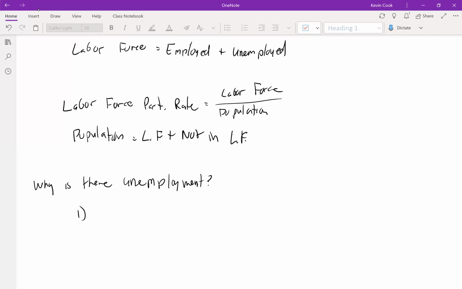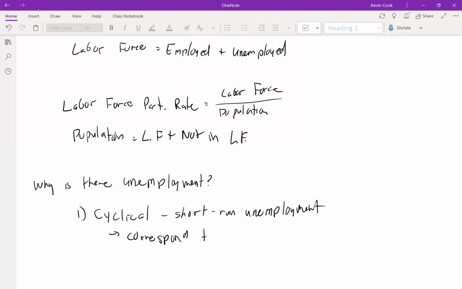The first was called cyclical, and this was our short run unemployment. It's going to correspond to upswings and recessions, or ups and downs in the economy.